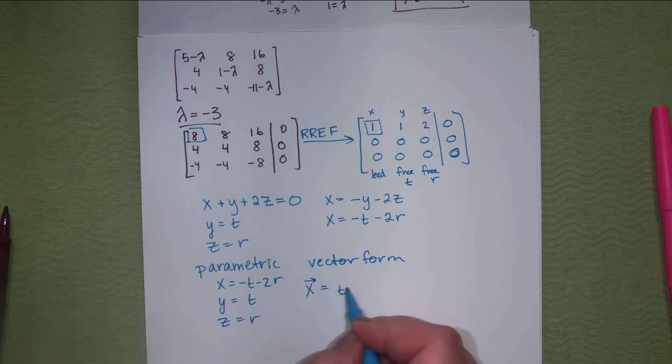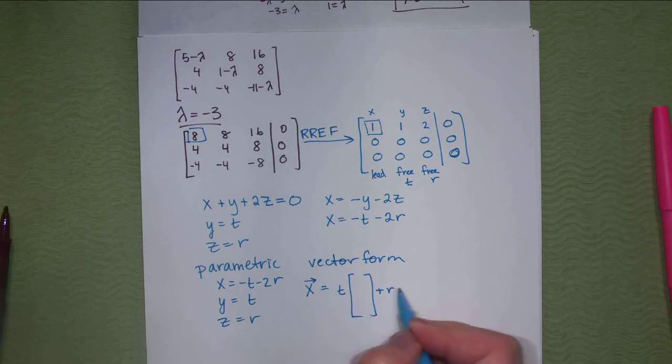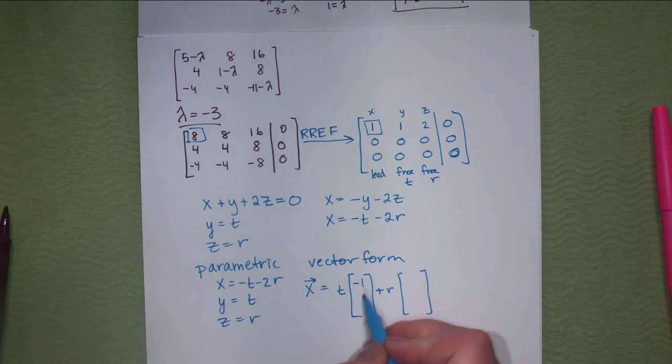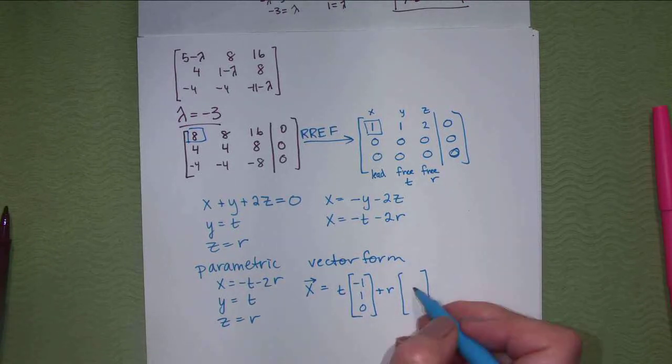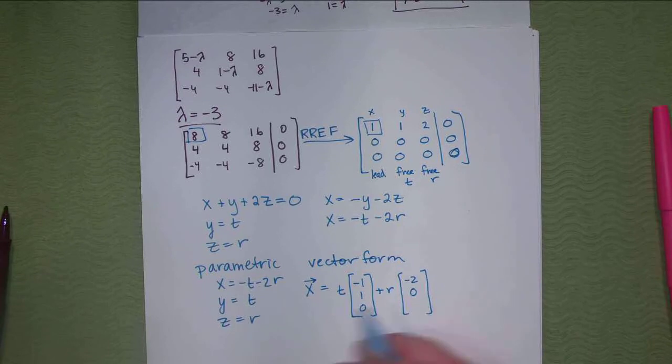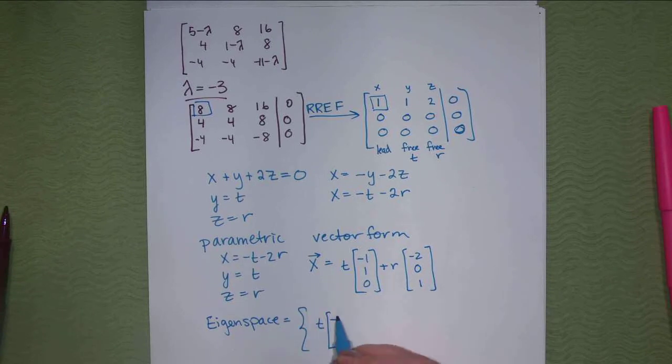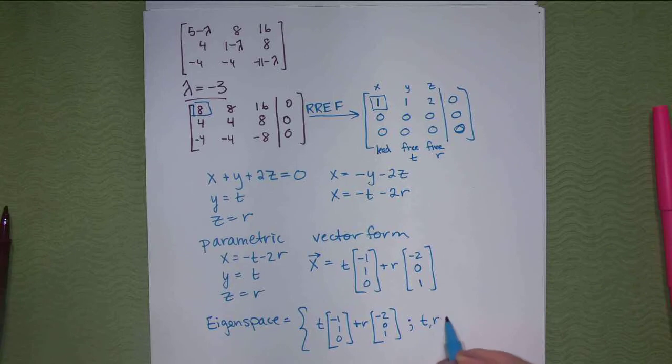We have a T and we have an R. So T times (negative 1, 1, 0), R times (negative 2, 0, 1). So we would say our eigenspace, you just write all of that. T and R are real numbers.